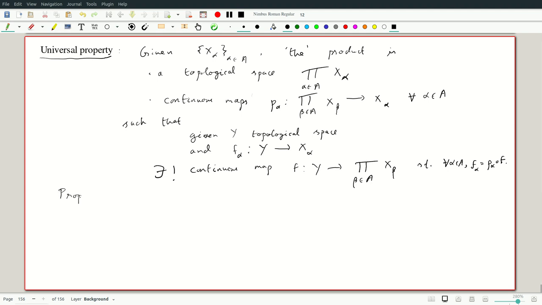And the proposition is that, given two products, so there are spaces, let me call them the product of X alpha with maps P alpha, and another product of X alpha.